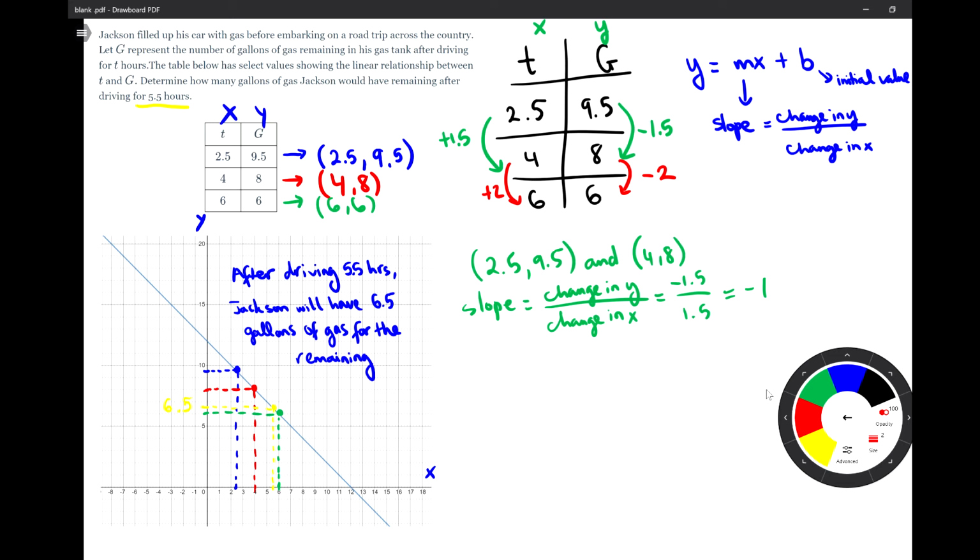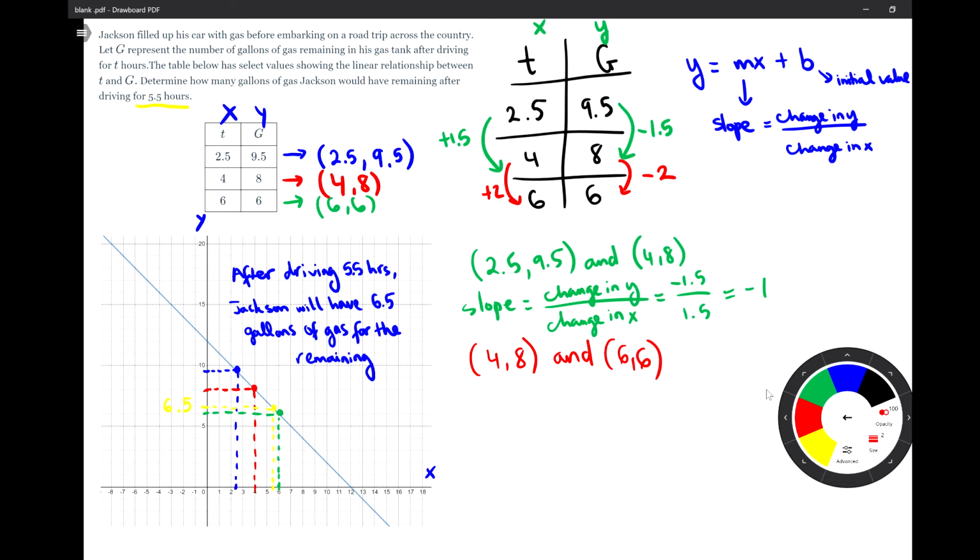But if you want to double check your work, you can use different pairs to make sure you end up with the same slope. So I use different pairs now. I'm using 4, 8 and 6, 6 instead of 2.5, 9.5 and 4, 8.